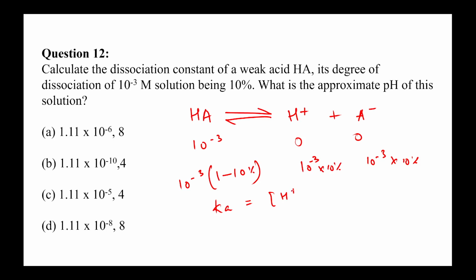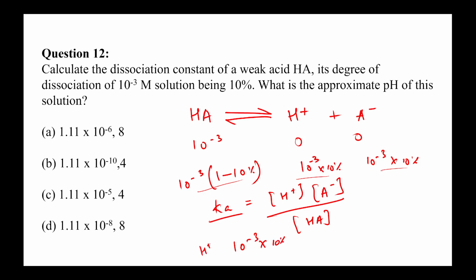From this you can calculate Ka. Ka will be H plus ion concentration times A minus concentration divided by the concentration of HA. Just take these values and put them in this equation. The H plus ion concentration is basically 10 raised to the power minus 3 into 10%, so from this you can directly calculate pH.